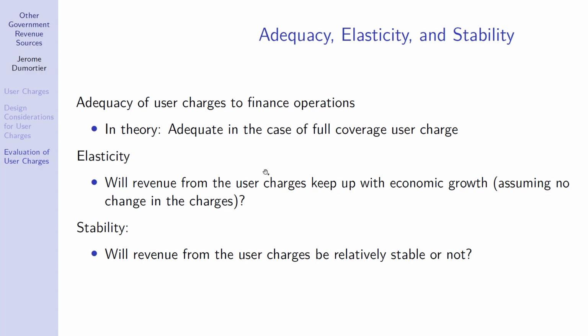In theory, the user charges should be adequate to cover the service provision. But again, we mentioned before, for example, if there's a bridge that is very intensive in terms of initial capital cost, then the user charge may actually not be adequate to finance the entire good.